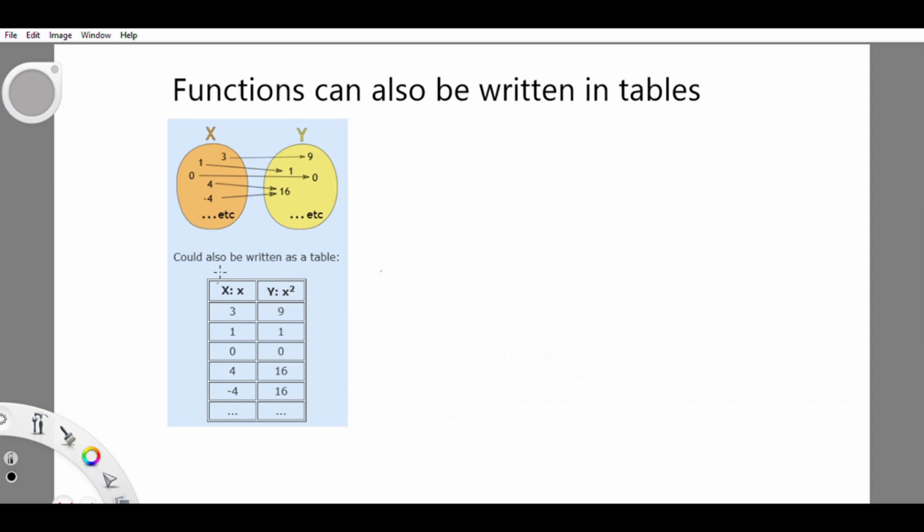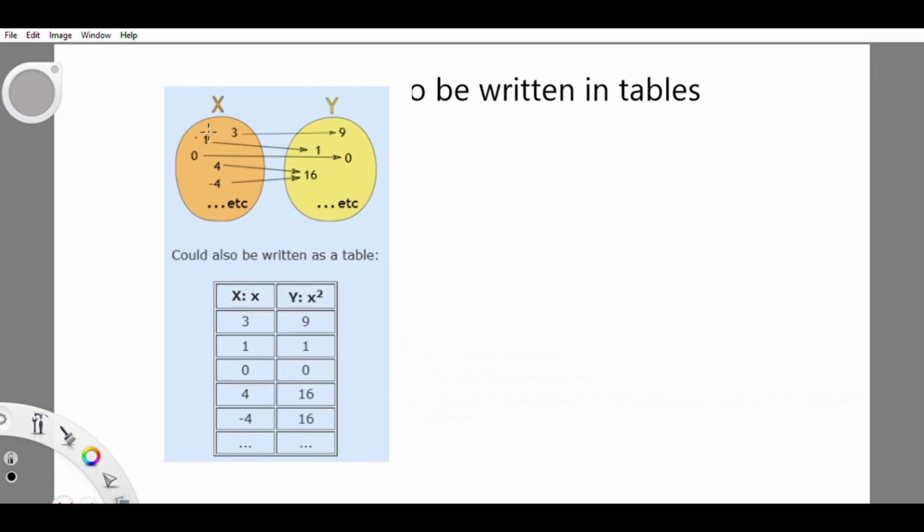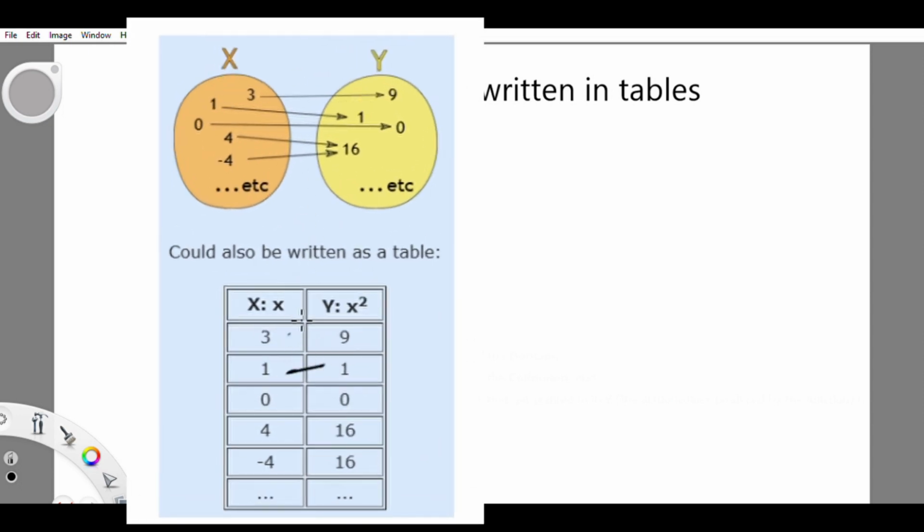So as you can see on the table, we have 1 to 1, we have 3 to 9, we have 4 to 16, we have minus 4 to 16, and we have 0 to 0. This is a function because we have 1 to 1, and we have many to 1.